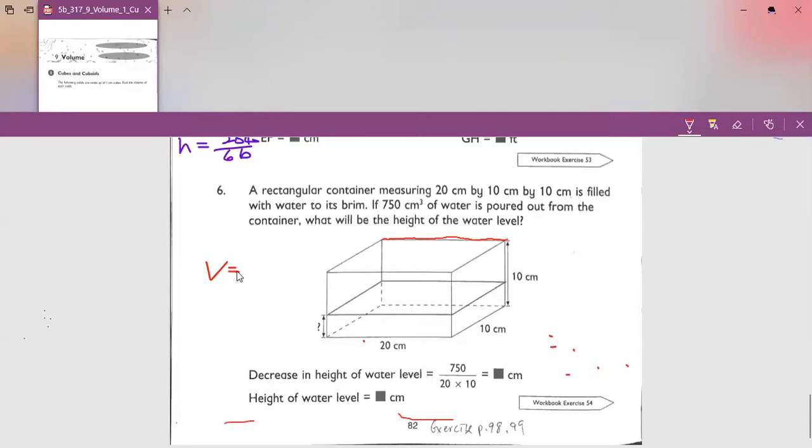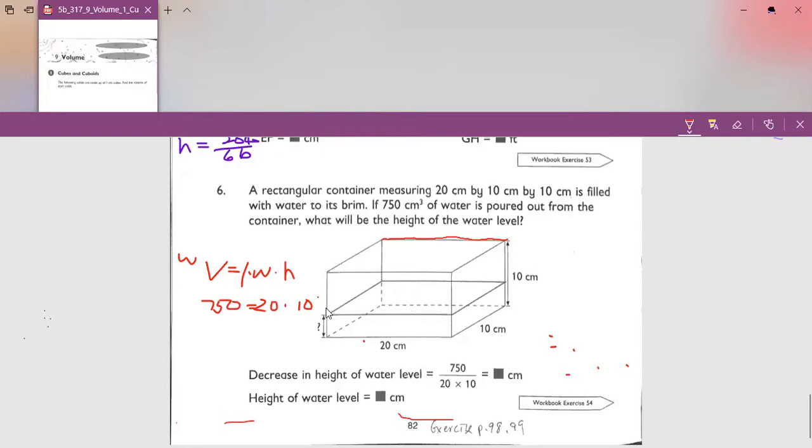So the volume is equal to the length times the width times the height, okay? So if we want to figure out the height for the water, it says the water is 750, equal to the length, which is 20, times the width, 10.